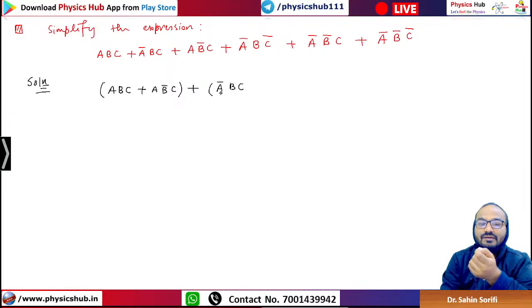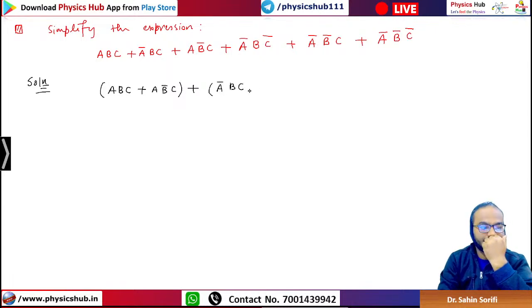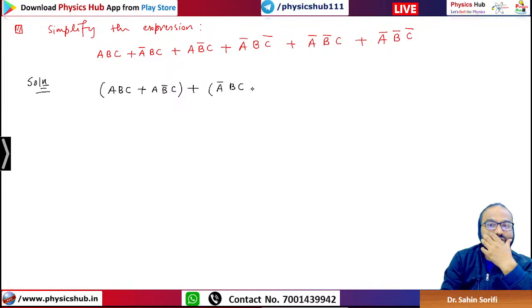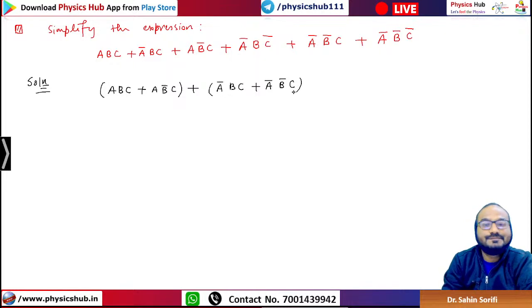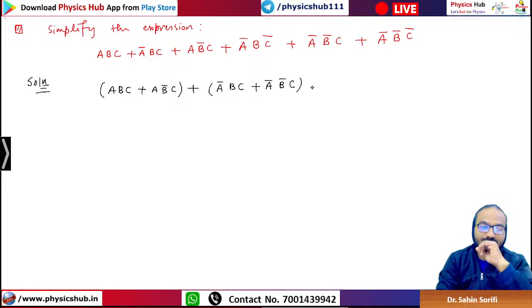A complement we have, so we have to find out A, B, C. Is there any A, B, C? A, B, C is not there, but we have A complement, B complement, C. So we can take A complement C common.